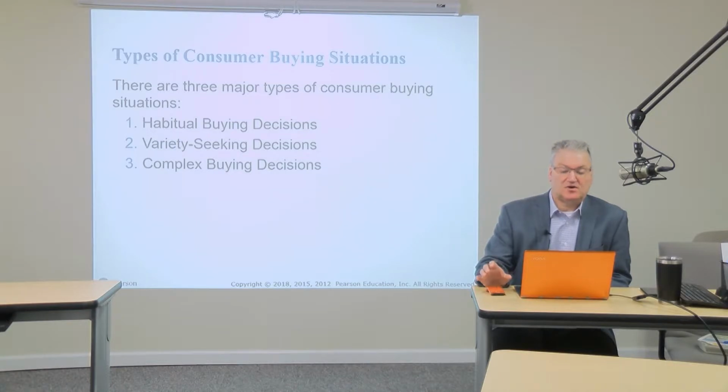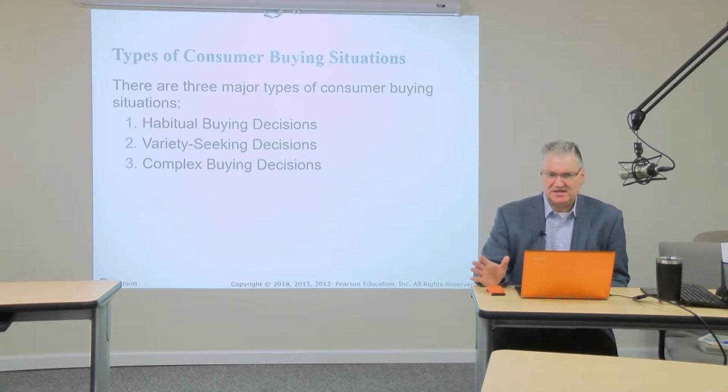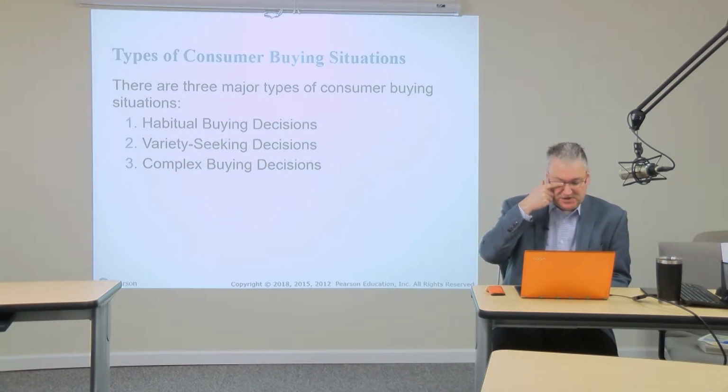The product's expensive, it's infrequently purchased, and or it's highly self-expressive. Some appliances might be considered complex buying decisions, but really you're talking about something more like a car. Unless your family buys the exact same car every time, that's typically more of a complex buying decision.